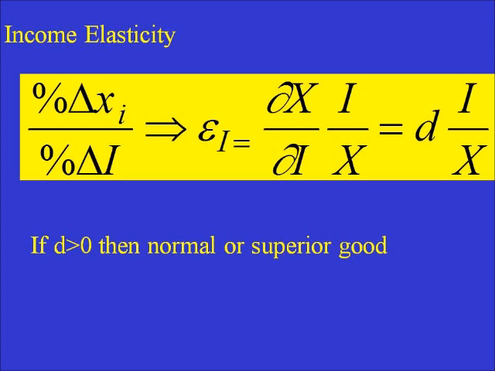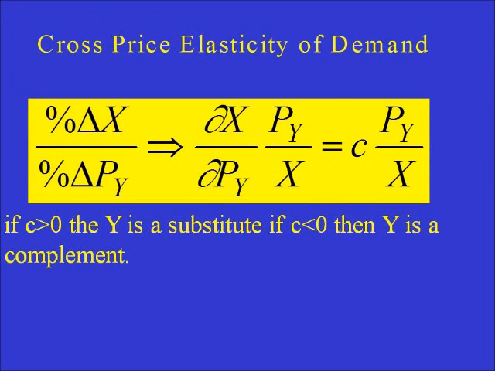Now, if D is positive, then this good, X, is a normal or superior good. If it's negative, it is an inferior good.